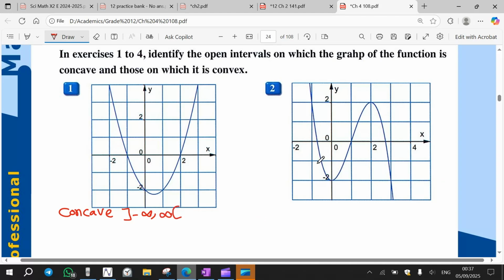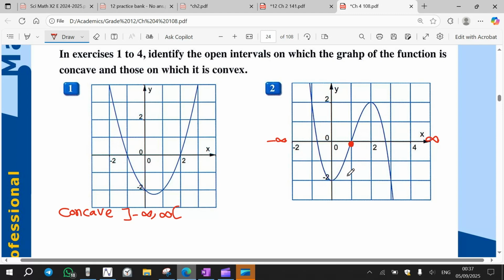This graph is concave and convex. The point right between concave and convex is here, it's between them. It's equidistant from the top and the bottom of the function. Then from negative infinity until 0 is concave, from 0 until positive infinity it is convex.